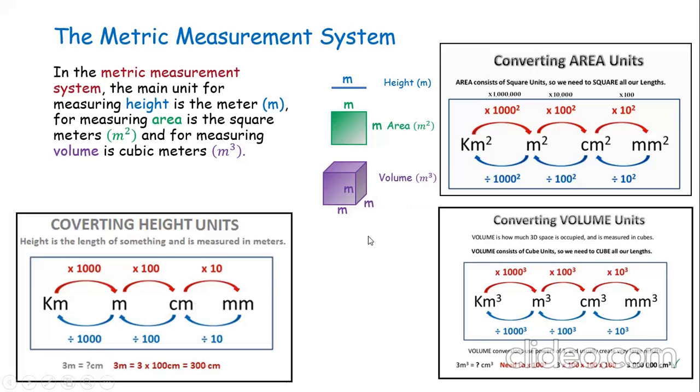Why? Because let's assume we have here 1 squared kilometer. This is equal to 1 kilometer multiplied by 1 kilometer.